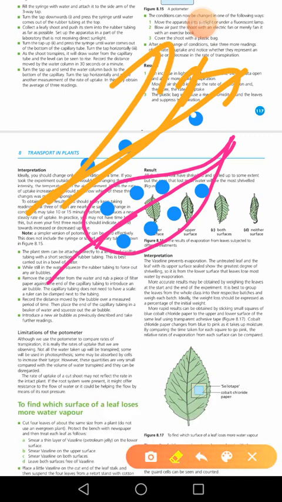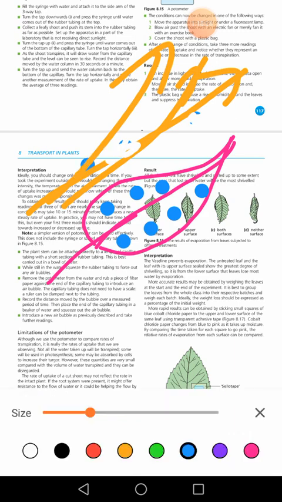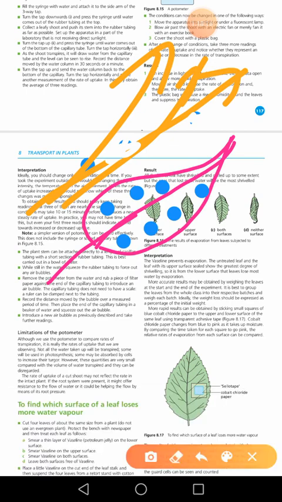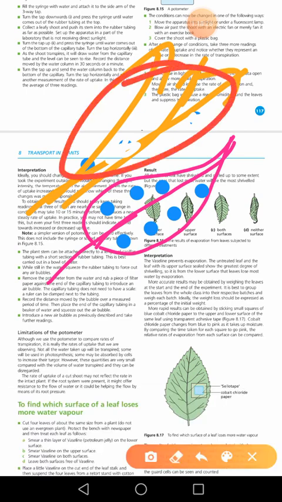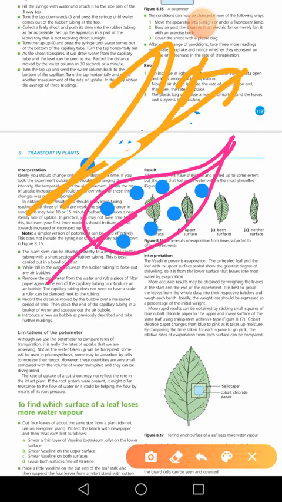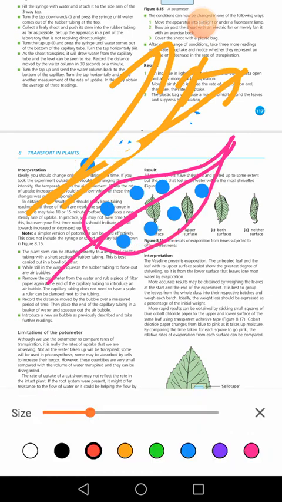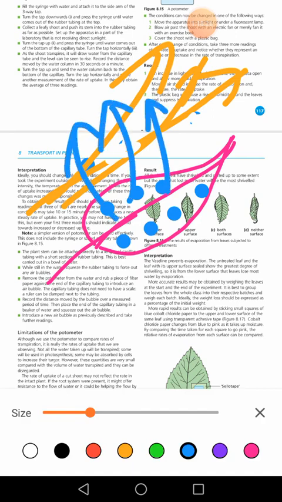Since water is lost through the stomata, if we carry on losing water, then this is going to be really bad, as the plant will become dehydrated and the plant will die. So now we will consider how the stomata are opened and how the stomata are closed. Let's see.